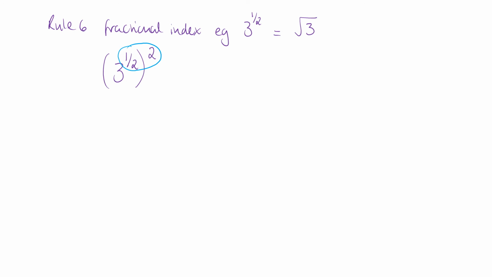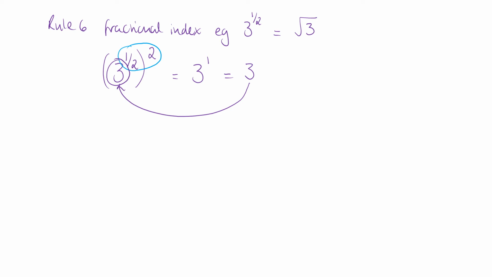So what is a half times 2? Double a half is going to be 3 to the 1, and 3 to the 1 is just 3. So when I have squared 3 to the half, I've ended up with just the number I started with. So it looks like the squaring and the halving undo each other, and they are the inverse operations.